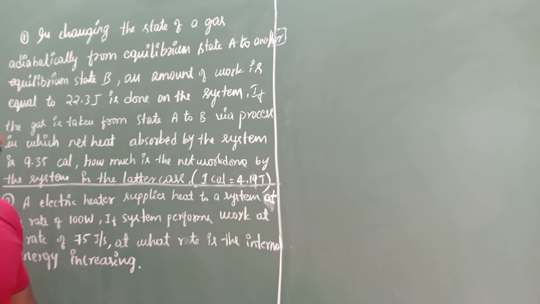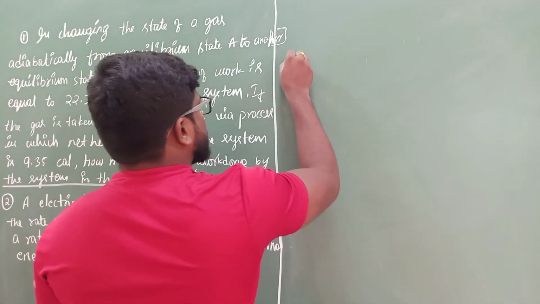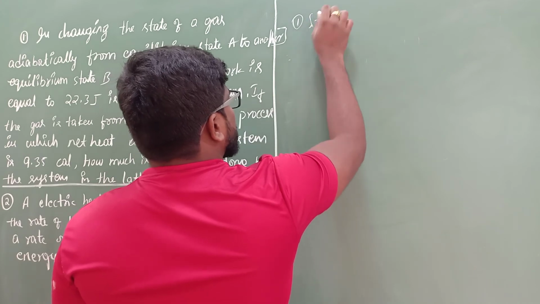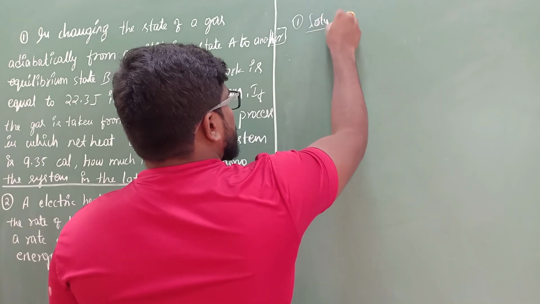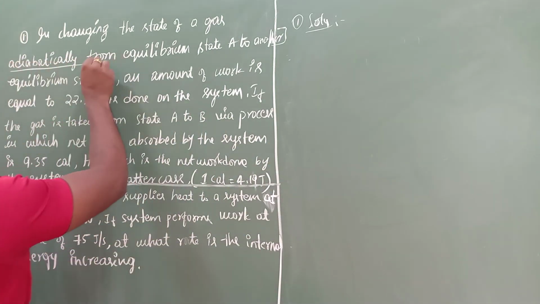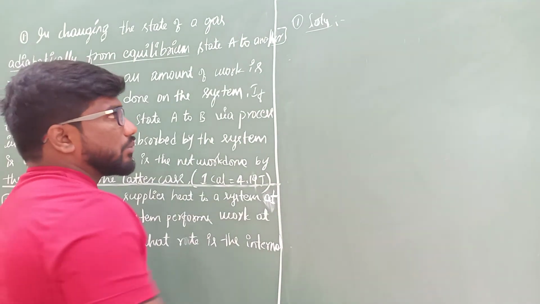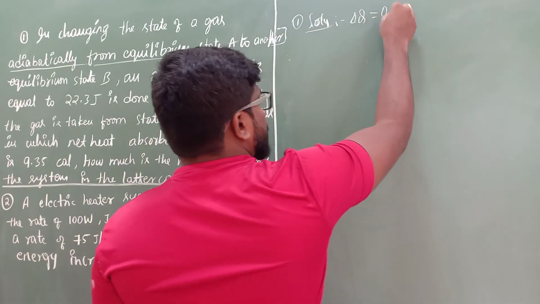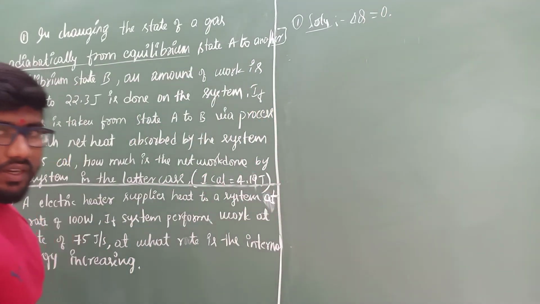I'll write the data for question number 1, solution. Adiabatic means there is no exchange of heat between the system and the surrounding, so delta Q is 0.